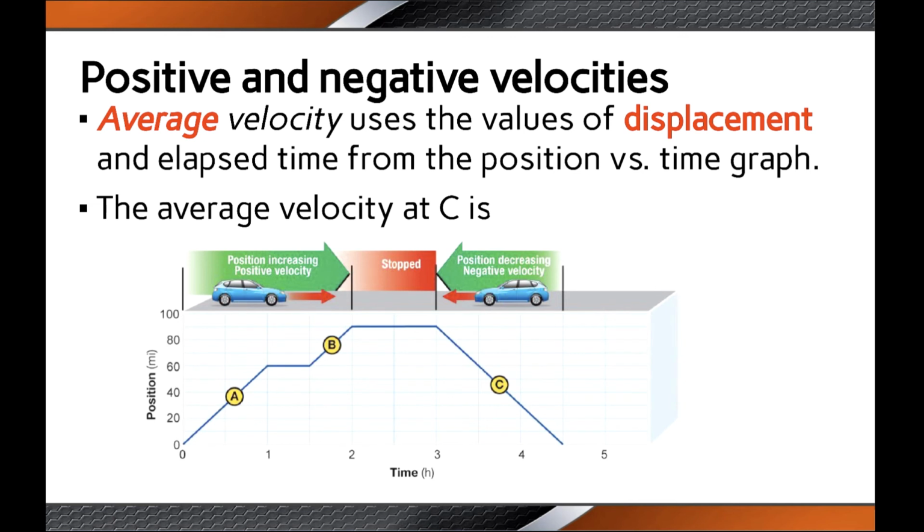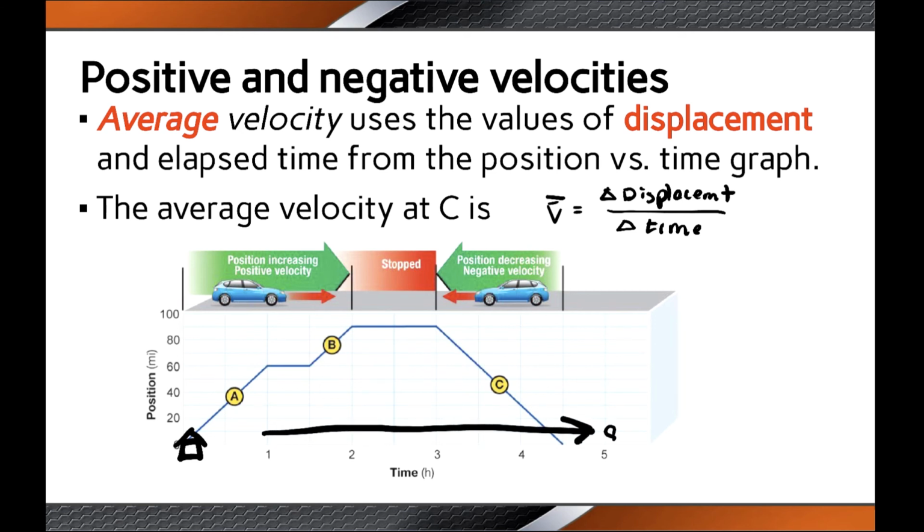So let's look at one of these average velocity problems. In an average velocity problem, we're looking at the change in displacement divided by our change in time. All right, so let's look at what our displacement was. We started right here. The car went a total of 90 miles, and then it came back 90 miles.